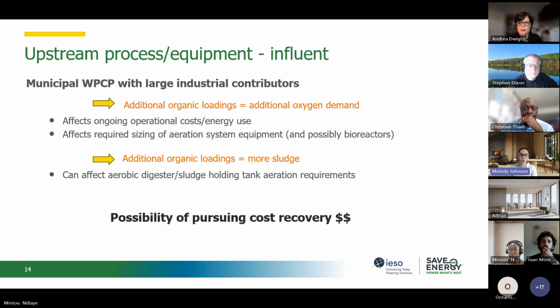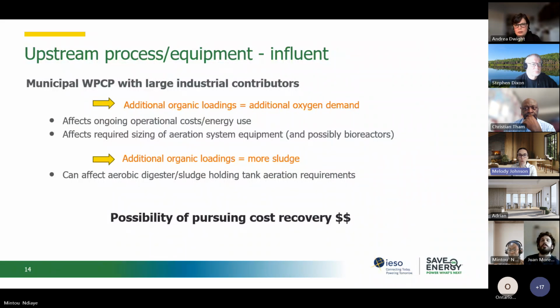That affects your ongoing operational costs and energy use, obviously. You need to push more air into bioreactors. But it can also affect the required sizing of your aeration system equipment, since they're generally based on achieving sufficient oxygenation to address peak loading conditions. So that's definitely something that needs to be taken into consideration, what the impact will be on the aeration system.